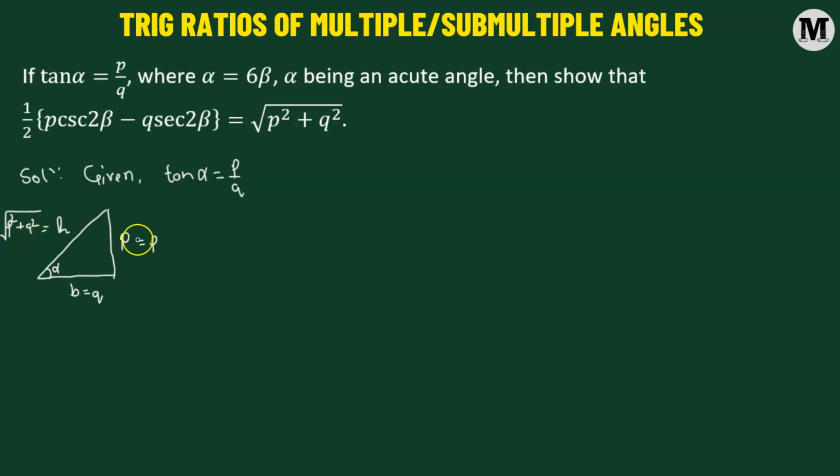Now that we have all the three sides, we can find out the value of sine alpha. So sine alpha will be P over hypotenuse, which will be equal to P over square root of P squared plus Q squared. So when we cross multiply, P comes out to be equal to square root of P squared plus Q squared multiplied by sine alpha.